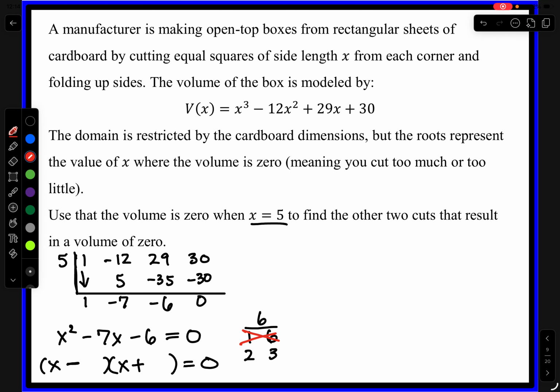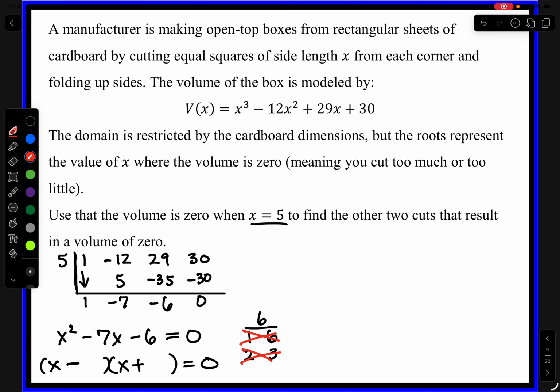But then neither does 2 or 3. In any combination, 3 and 2 doesn't add up to negative 7. That actually adds up to negative 1. And if I think, well, maybe I just need to switch them, that doesn't work either, because the larger factor always needs to go here, and switching is just going to simply switch the sign and give me positive 1. So this doesn't work either.